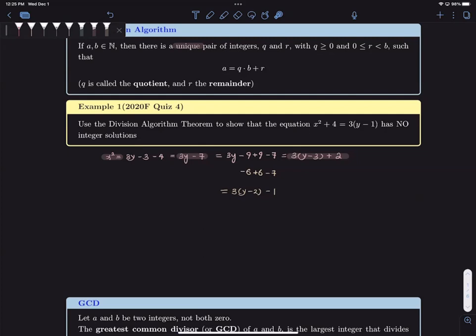So we got here already. This implies that the remainder of x squared when divided by 3 is 2.